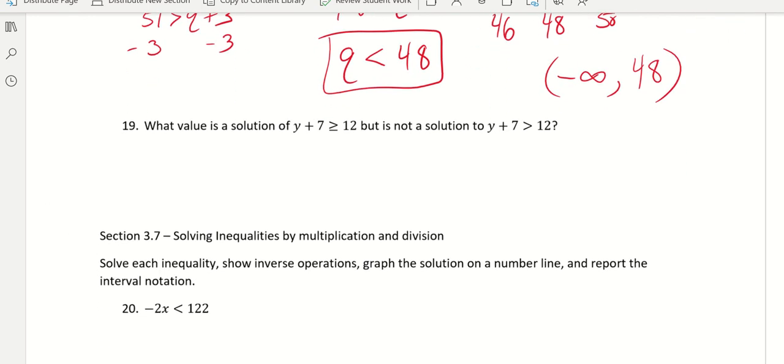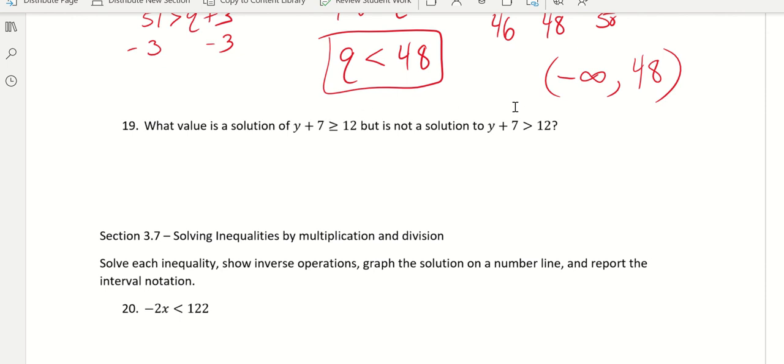Number 19. What value is a solution to y plus 7 is greater than or equal to 12, but not a solution to y plus 7 is greater than 12? Okay, what difference do you see? y is here, both on the left side. 7 is here, 7 is here, both on the left side. Greater than or equal to, just greater than.